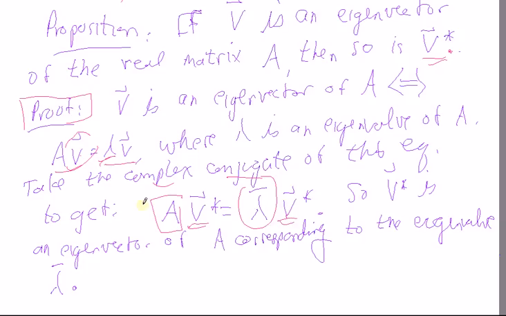So what do I have here? Here I have the defining condition for the eigenvector corresponding to eigenvalue lambda bar. So v star is an eigenvector of A corresponding to the eigenvalue lambda bar. Finished. I've shown that if v is an eigenvector, then so is v star. Okay, so I hope that helps a little bit with some of these complex proofs involving eigenvectors and eigenvalues.